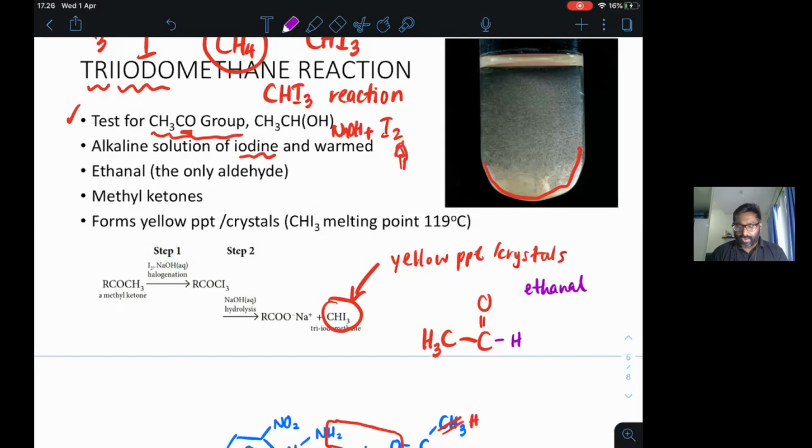Can it be other types of aldehyde? For example, if I have propanal, CCC double bond OH. Now this one I'll ask who? Maybe Shirley. Shirley, do you think propanal will have a positive reaction with the triiodomethane reaction? No. Why?